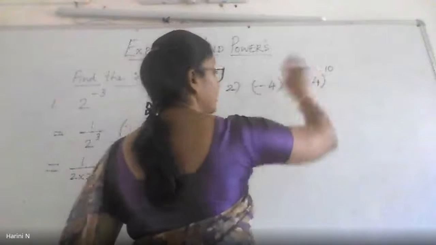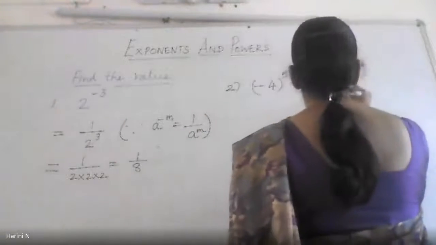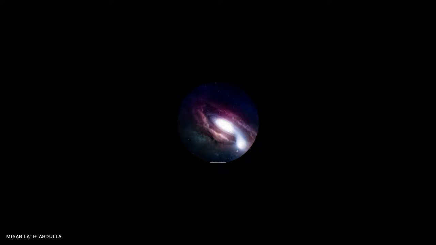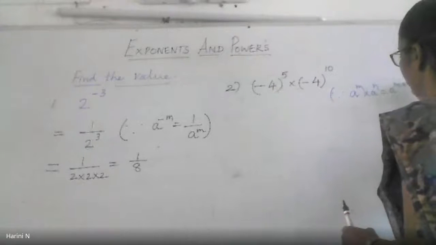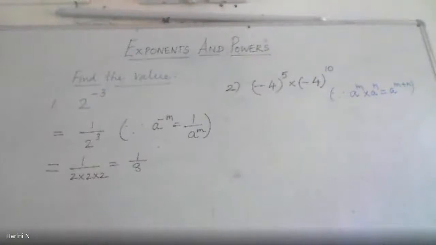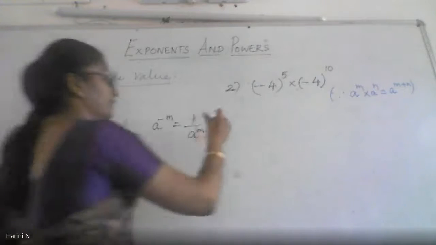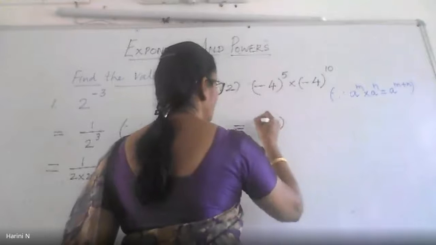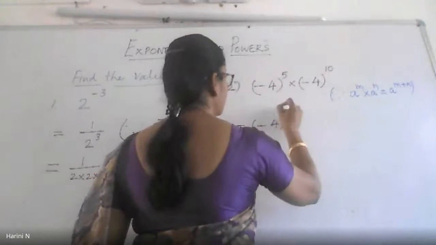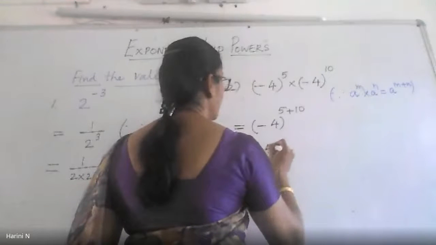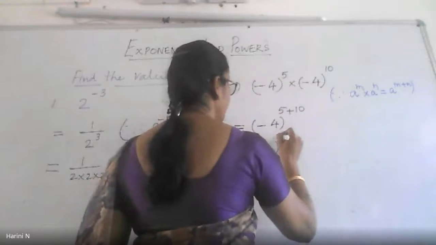The powers are different. So which is the law you are using? A to the power m into a to the power n equals a to the power m plus n. Please make it a habit to write the law every time you are applying it. So here what I have to do? I should take the base, that is negative 4 to the power, add both the powers, 5 plus 10, which will be negative 4 to the power 15.